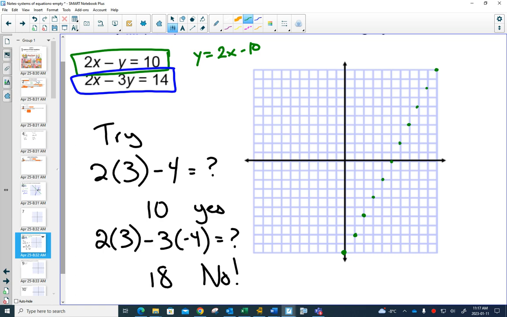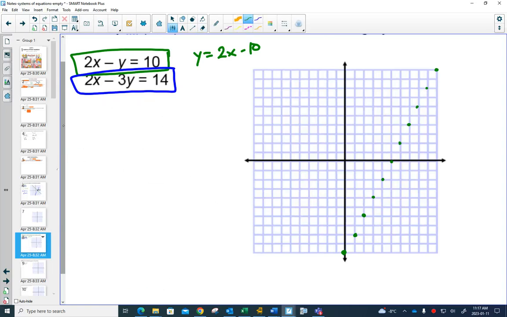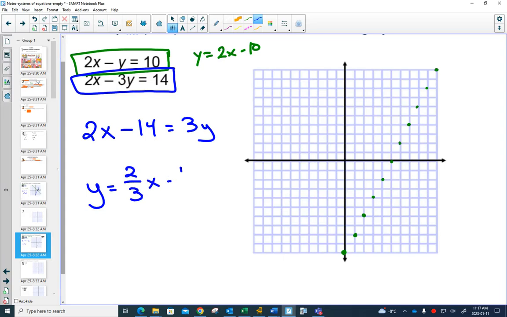Second equation. I'm going to erase the black for now. If I start rearranging the second equation, can you see that if I subtracted 14 and added 3y to both sides, I would get this? And then if I divided by 3, a little bit not nice, a little bit ugly.